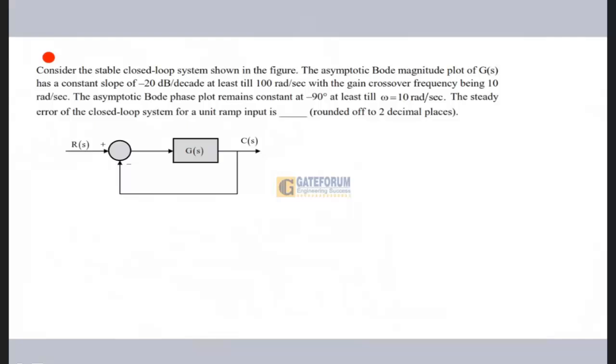Hello students. So this particular question was asked from the control system from GATE EE 2024. In this question they are asking: consider the stable closed loop system shown in the figure. The asymptotic Bode magnitude plot of GS has a constant slope of minus 20 dB per decade at least till 100 radian per second, with the gain crossover frequency being 10 radian per second.